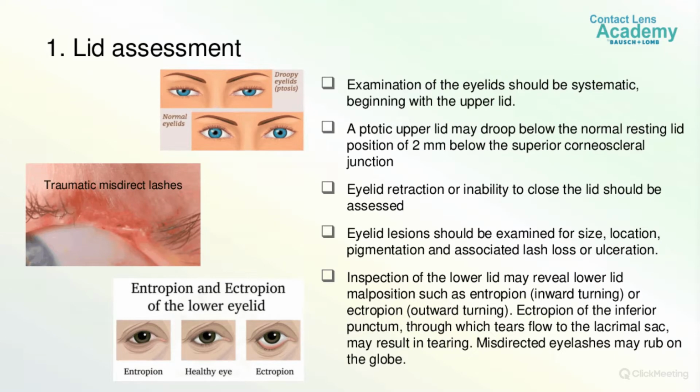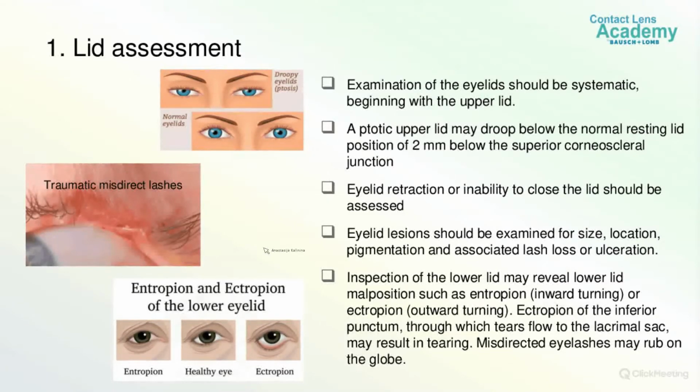So, slit lamp examination, as you know, begins with the evaluation of the patient's eye and, of course, of the eyelid position. It could be relative to the globe as well as evaluation of the Meibomian glands. Examination of the eyelids should be systematic, beginning with the upper lid.